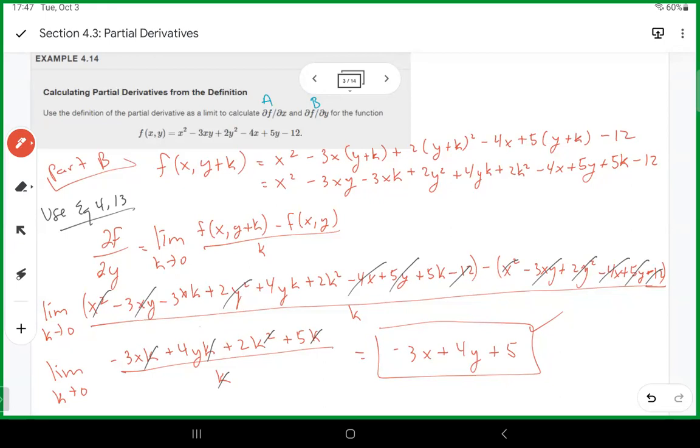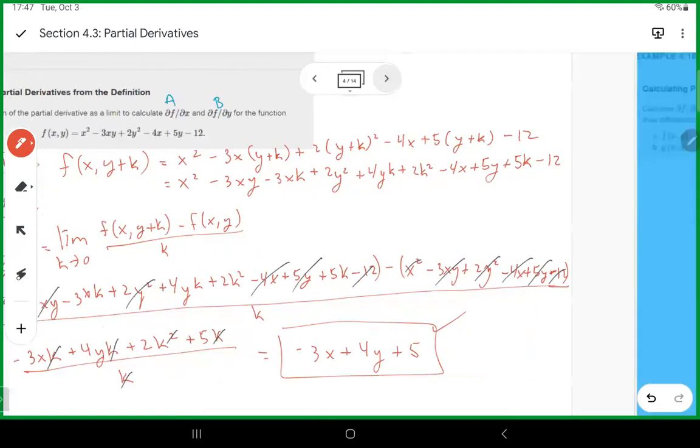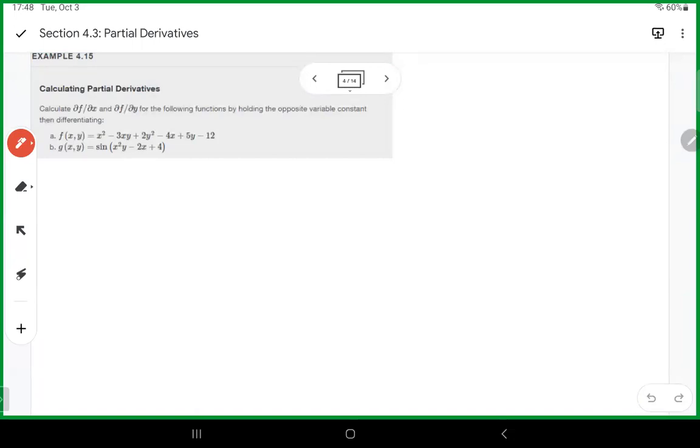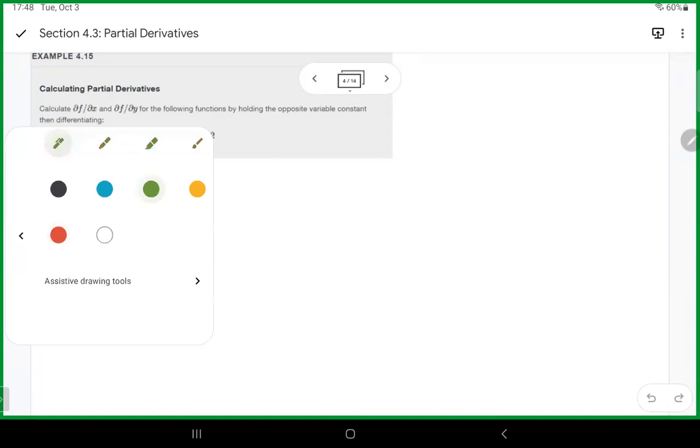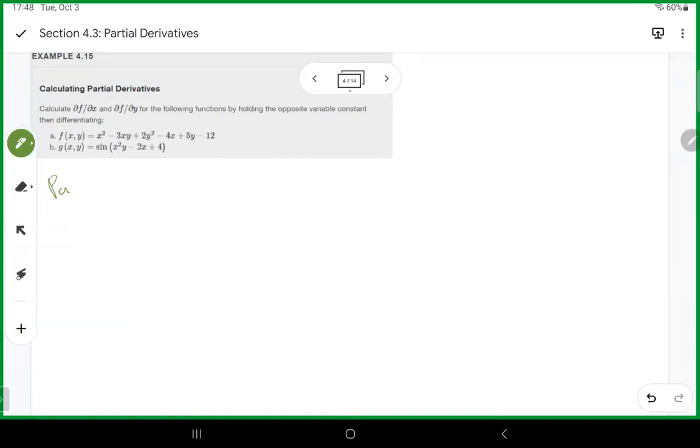Okay. All right. Okay, so for the next one, it tells you which way they want to define. So part A, for the first one, we want to treat y as a constant.